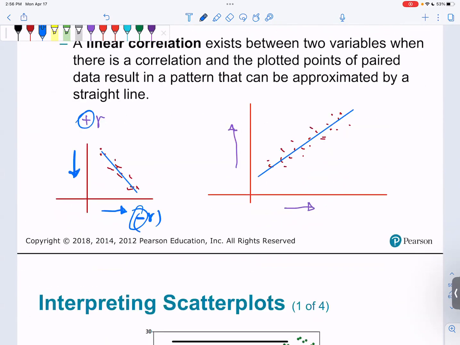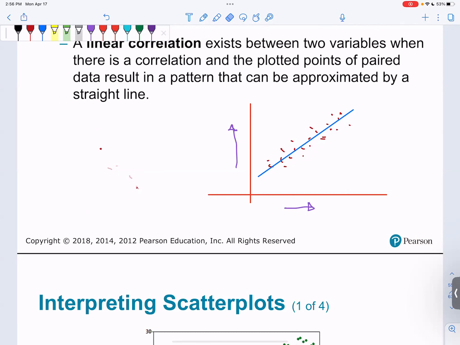And we did say this value of R is between -1 and 1. As we get closer to 1, the relationship will be stronger.